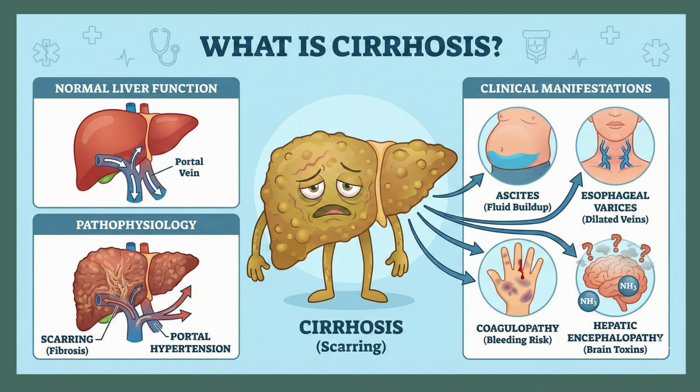For clinical manifestations, patients with cirrhosis might present with a variety of symptoms including shortness of breath, jaundice, increased abdominal girth, and abdominal pain. You will often see an enlarged spleen, an increased risk of bleeding, and elevated liver enzymes.